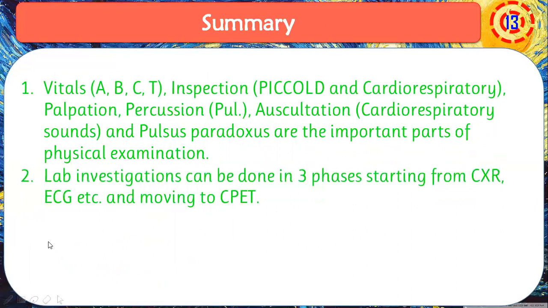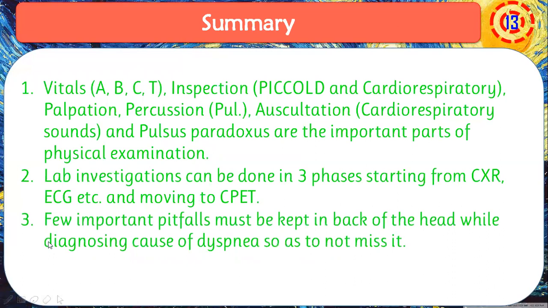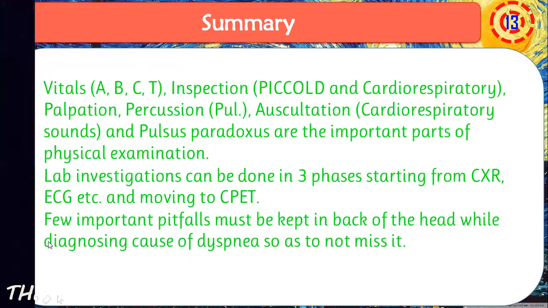Lab investigation can be done in three phases, starting from chest X-ray, ECG, spirometry, etc., and moving ultimately to phase 3, which includes cardiopulmonary exercise testing. There are a few important pitfalls which must be kept in the back of the head while diagnosing the cause of dyspnea so as to not miss it, because they are not fatal themselves. However, they cause complications which lead to a few dangerous fatalities.